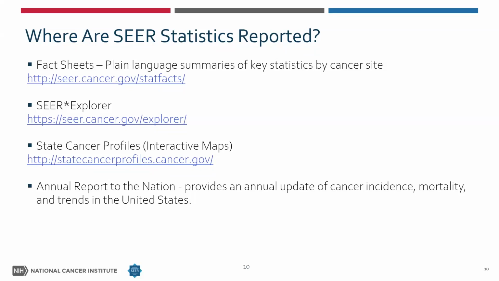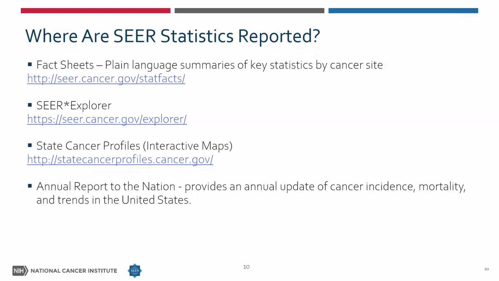We also have a very nice tool called State Cancer Profiles, which have interactive maps to look at clusters or counties where certain cancer rates might be high or low compared to other counties.